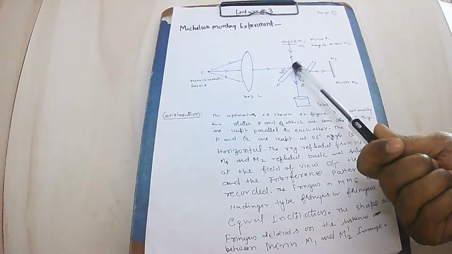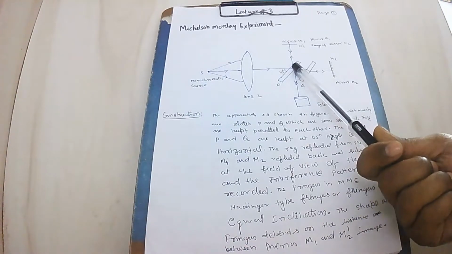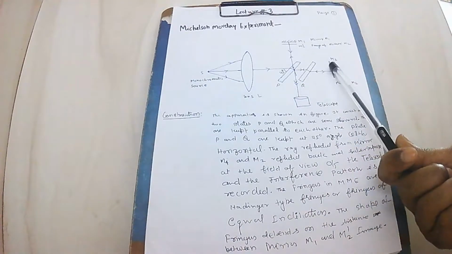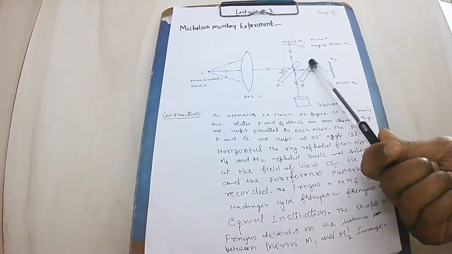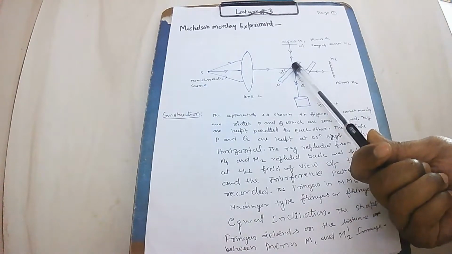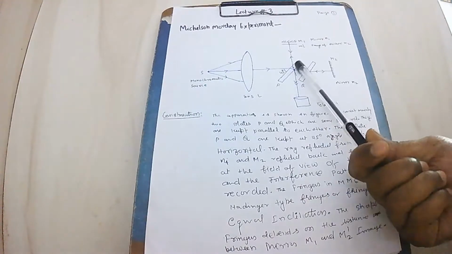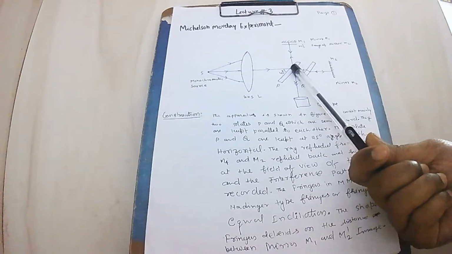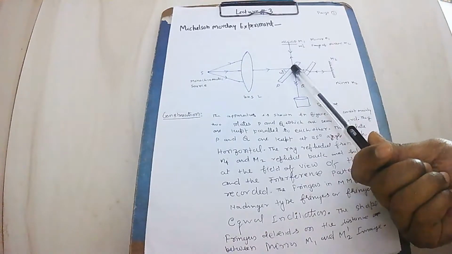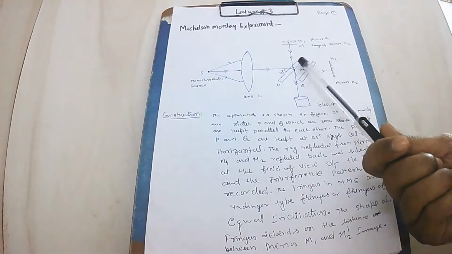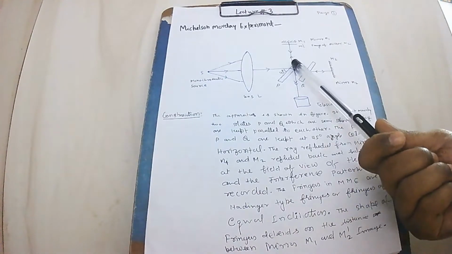But what happens here? When this ray is incident on the mirror M2, if we have no plate Q, the ray is reflected back and then reflected from the outer surface of the plate P, and we get superimposition. So this ray travels an extra path. How much is that extra path?